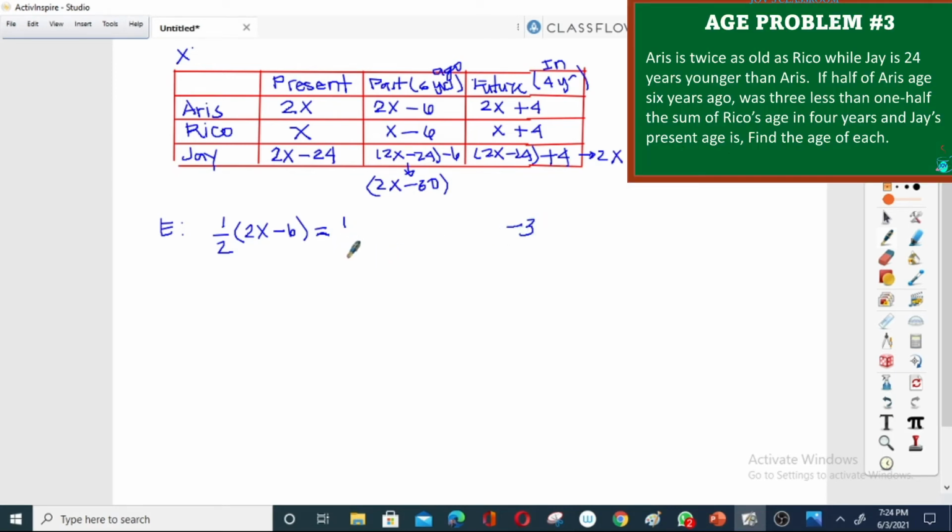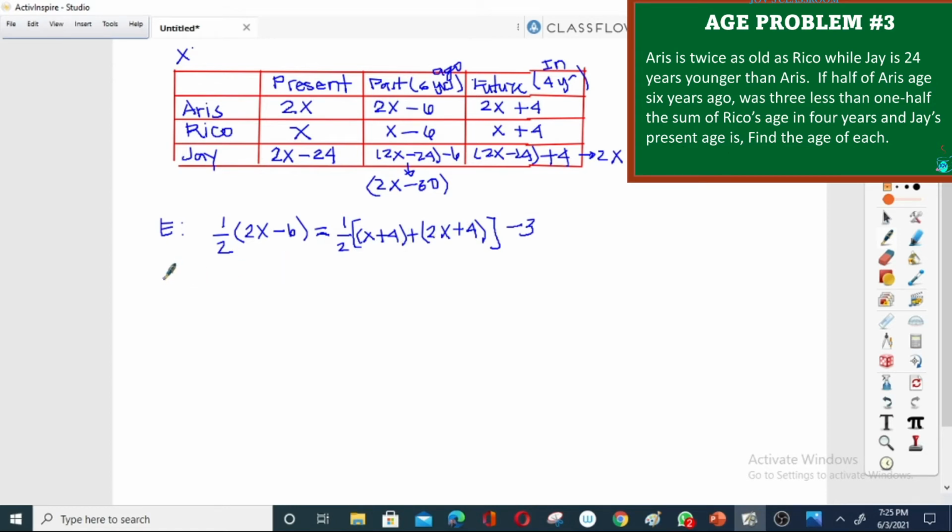And then 1/2 of the sum of Rico's age in 4 years, so x plus 4, plus J's age in 4 years, so 2x plus 4, minus 3. So that is the equation.